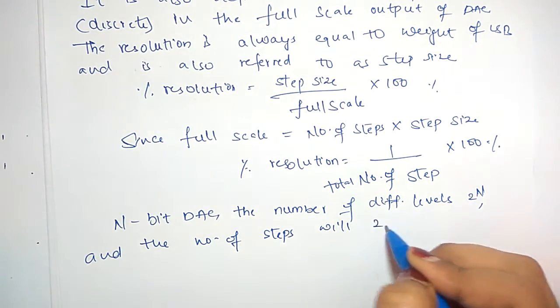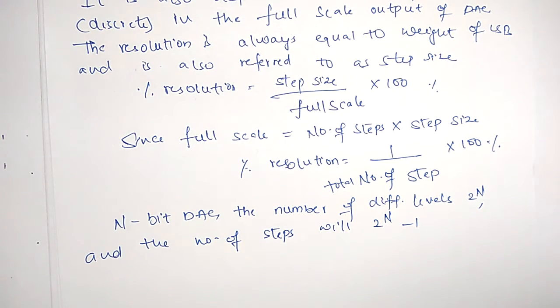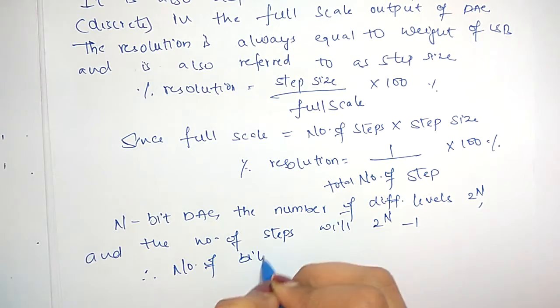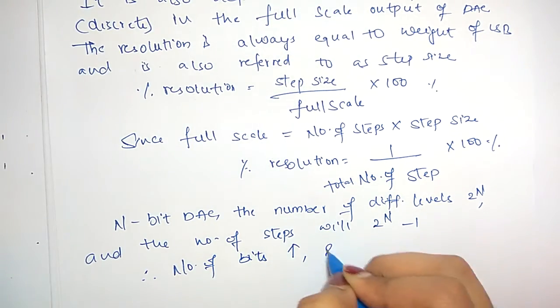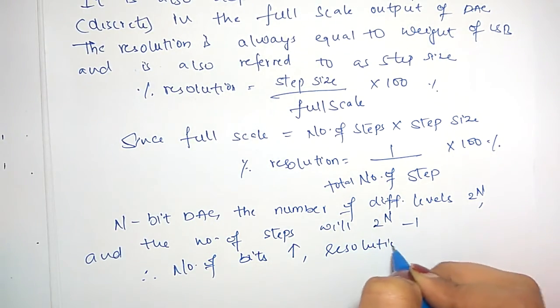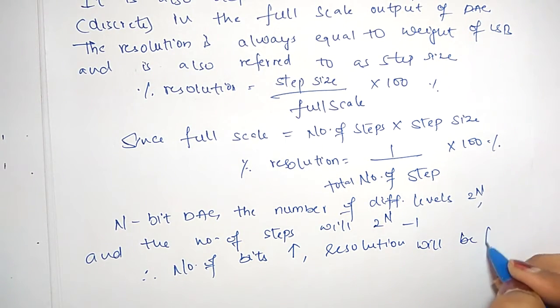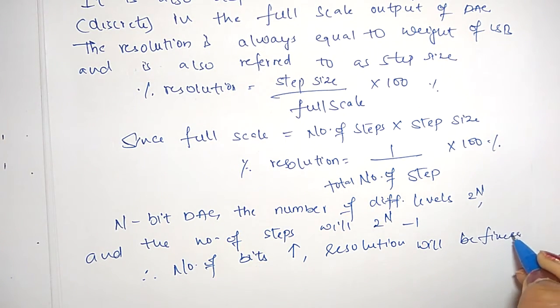That means it is 2 power n minus 1. So the greater the number of bits, the greater the number of steps, and the smaller the step size. Therefore, finer will be the resolution. We can conclude that as the number of bits increases, the resolution will be finer. That means the resolution will be better.